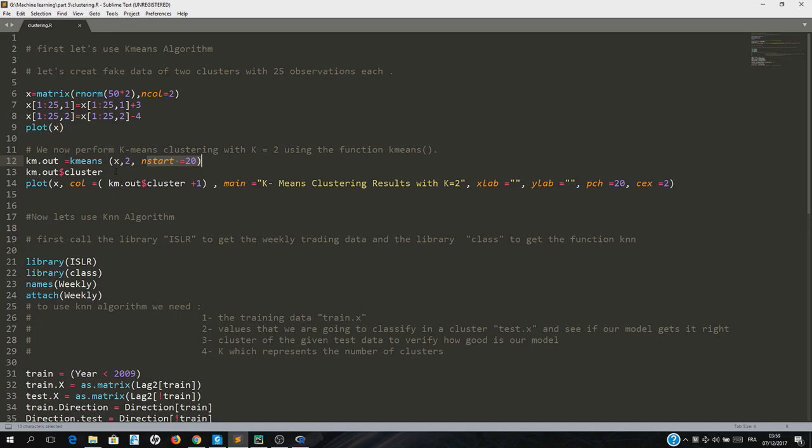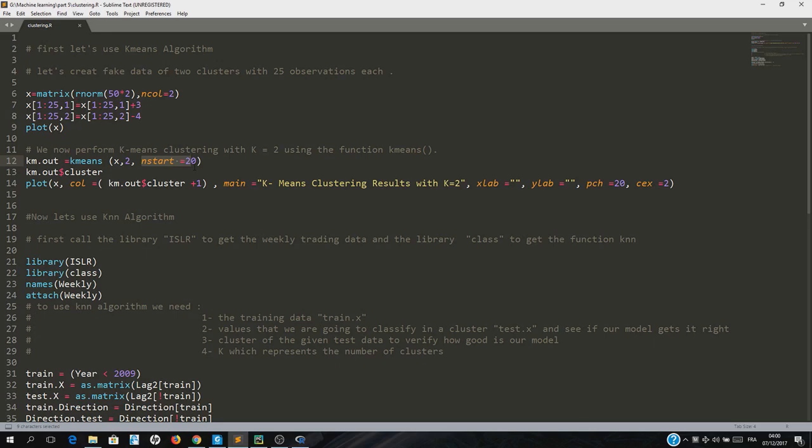If we don't set it, it's equal to 1, which means we choose random centroids the first time and that's it, and then we start iterating until we get our clusters. But with nstart equals 20, we have random initialization of the centroids 20 times.